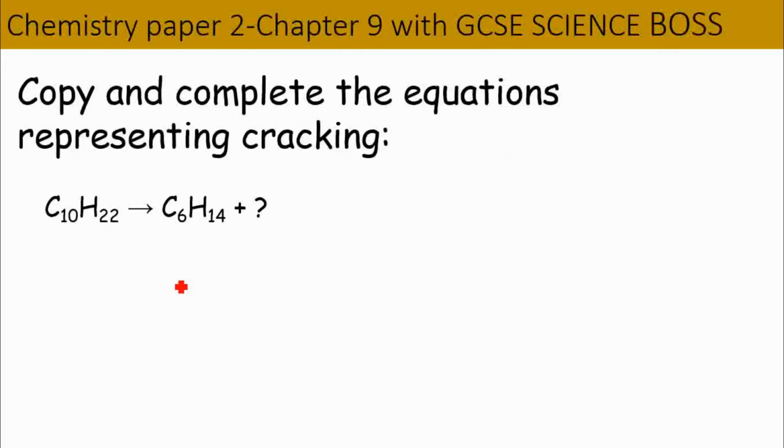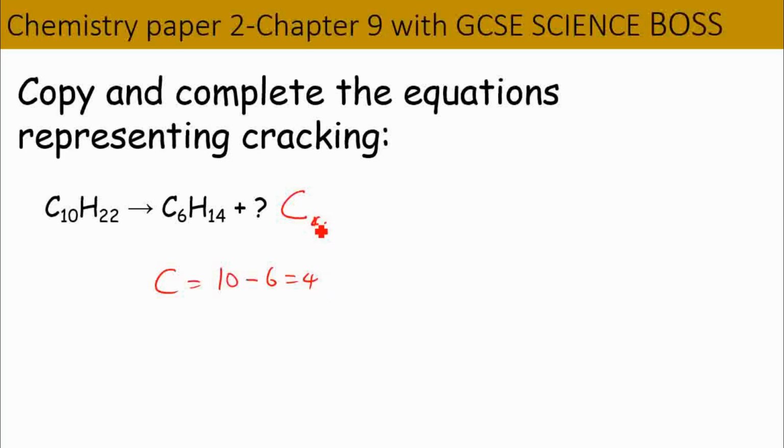So now let's have a look at doing some cracking equations. We started off with 10 carbons and you've produced 6 carbons on this side, which means my missing amount of carbon is going to be 10 minus 6, which gives me 4.